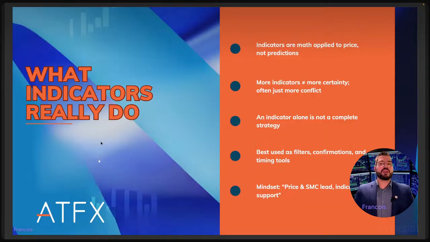Adding more and more indicators often just adds more conflict. One is overbought, one is oversold, one is diverging, one is flat. Guys, if your base isn't clear, more tools just create more noise. And this is something very important to remember.